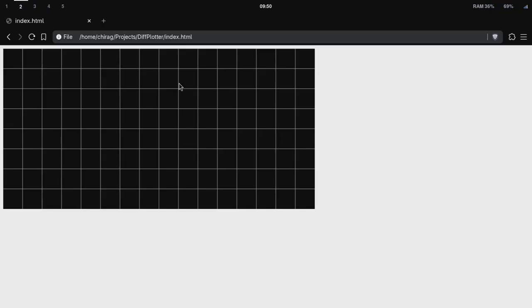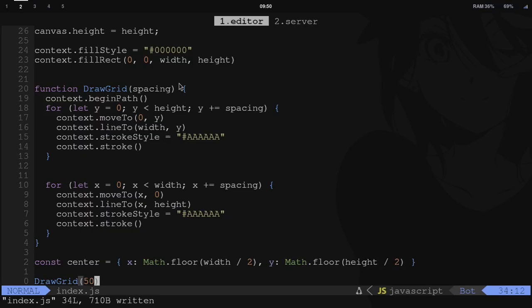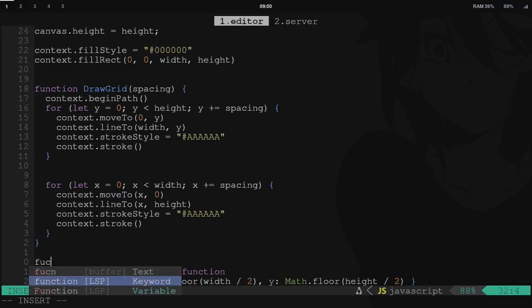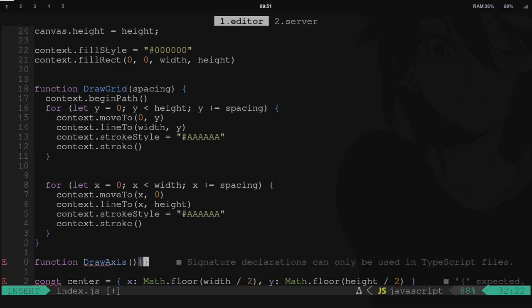Now we need to draw lines for axis. So let's go with a function called draw axis.